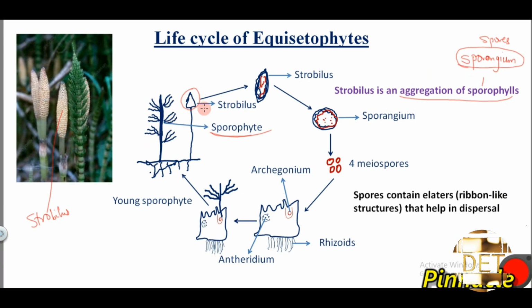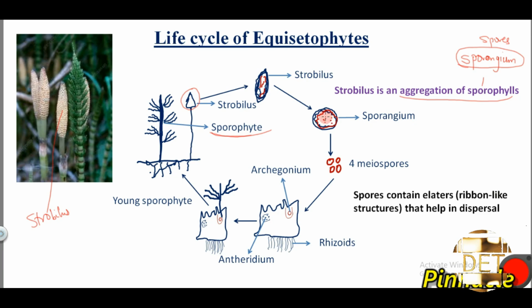So we have the strobilus here in the sporophyte generation. This strobilus, like I said, is an aggregation of the sporophylls, which are leaves that contain sporangium. So you would expect that there is sporangium inside the strobilus. This sporangium contains a lot of spores.